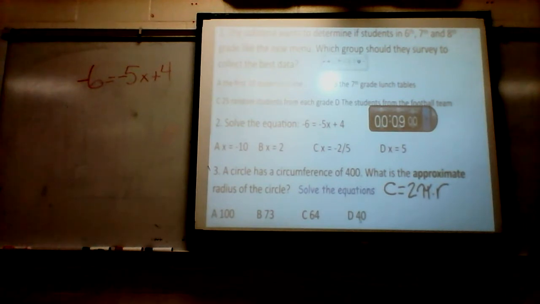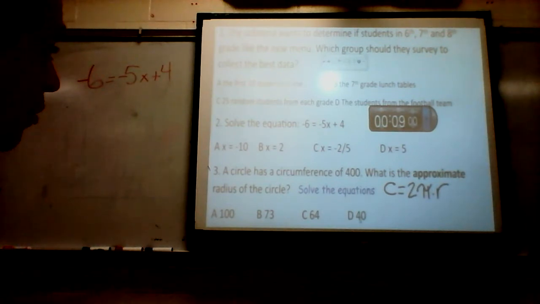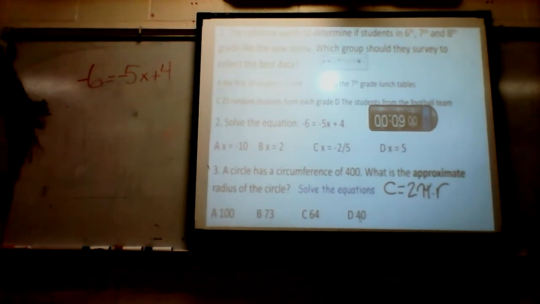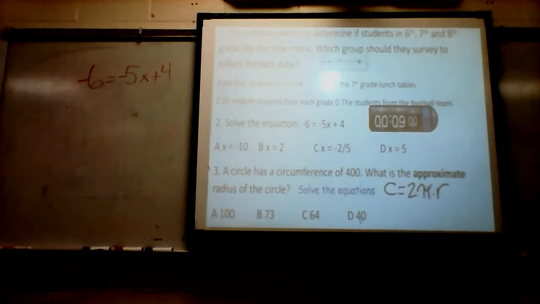Okay, question 1 says the cafeteria wants to determine if students in 6th, 7th, and 8th grade like the new menu. Which group should they survey to collect the best data? So, if we are trying to figure out if all the kids in the school like the new menu, only one of these answers is going to give us the best data and the most fair data.